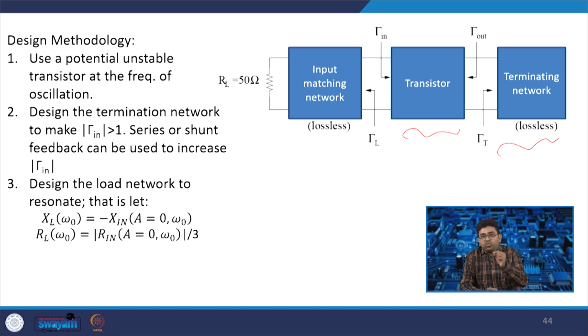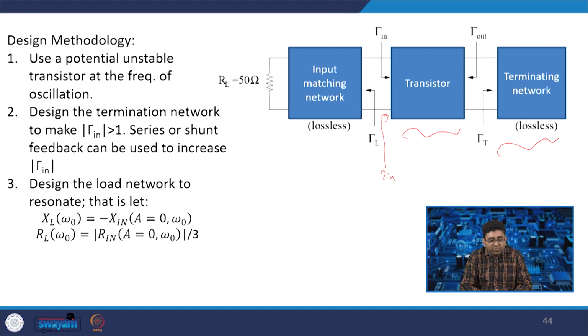Now, you need to choose this gamma T such that your reflection coefficient, meaning your input impedance on this side, is a negative Z in, or it is considered unstable, because we have used the same method while designing the amplifier also, but here when you are designing an oscillator, instead of the stable region you need to consider the unstable region.